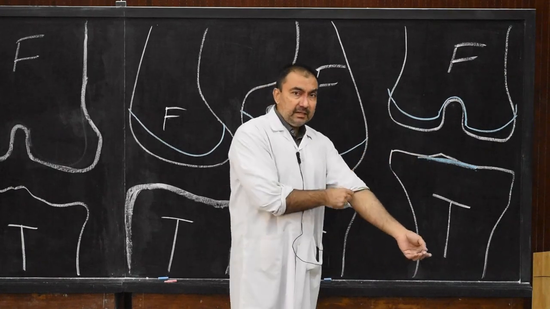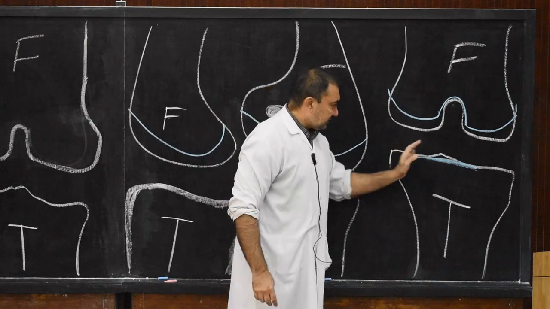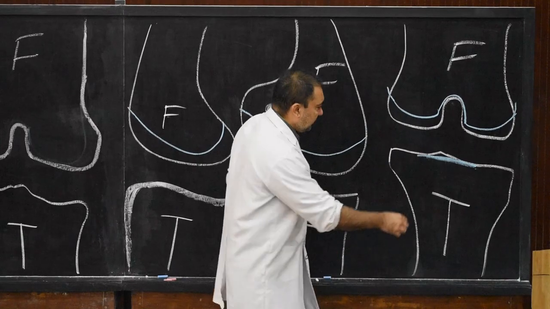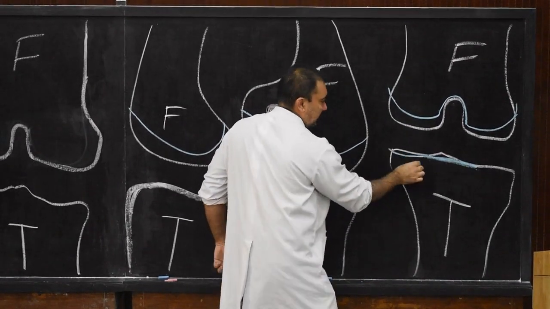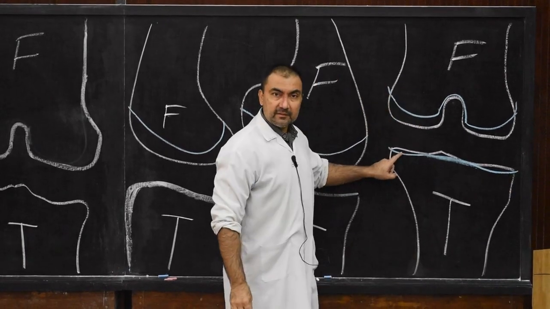So medially and laterally, the capsule, once again we are discussing the lower part, is attached to the tibia. It will cover the medial and lateral condyles of the tibia. How will it cover them?